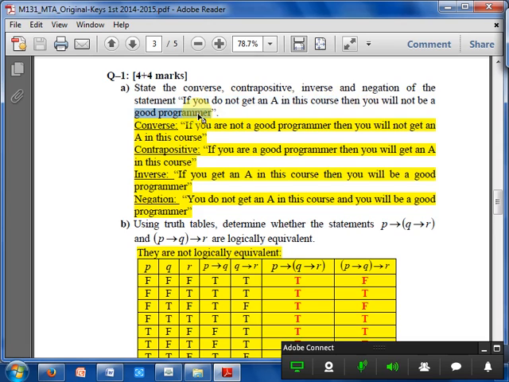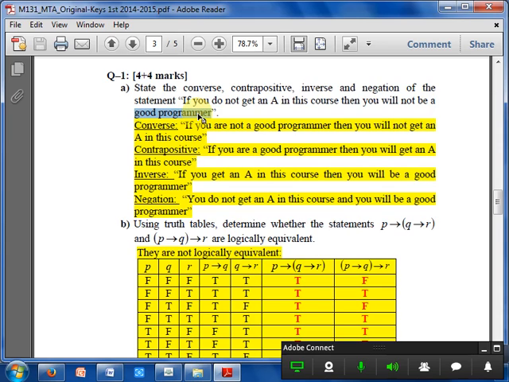Now if I want to make this statement the not of it, how do you make it? Not going to replace all, you just change the idea of it. That will make the opposite of this idea. The idea is you are not getting an A in the course, you will not be a good programmer.